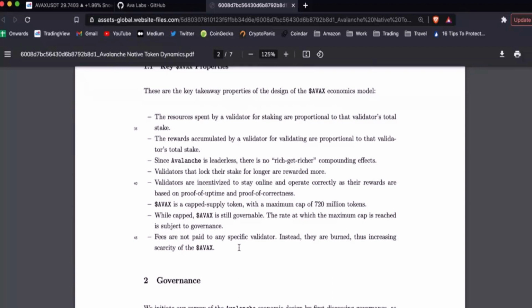Like I said, some blockchains mint new tokens and they're inflationary to pay validators, and some take from the fees on the blockchain to pay the validators, the stakers, their stake and rewards. So in Avalanche's case, the fees are not paid to the validator, they are actually burned, and new tokens are not minted to pay the validators either, okay?